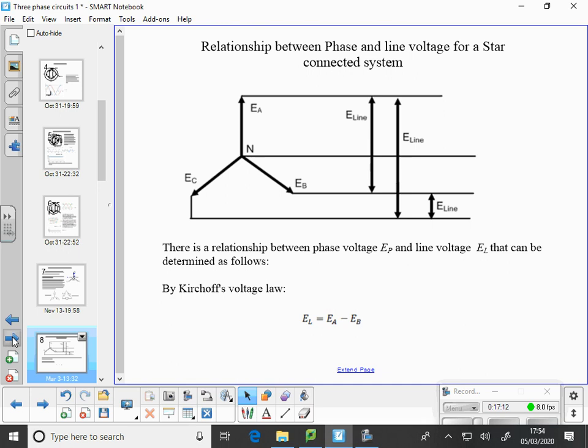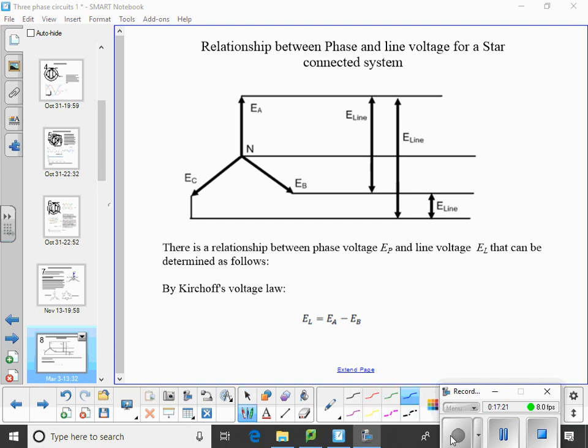If you look at the voltages here, this line voltage between, if I call them red phase and yellow phase, I make no apologies for using the old colours, whereas these voltages are phase voltages between lines and neutral.